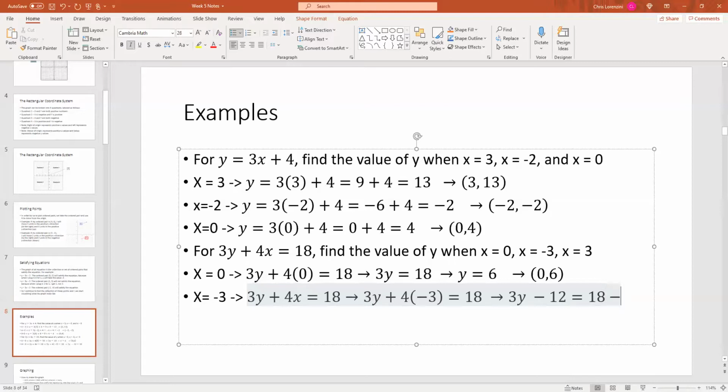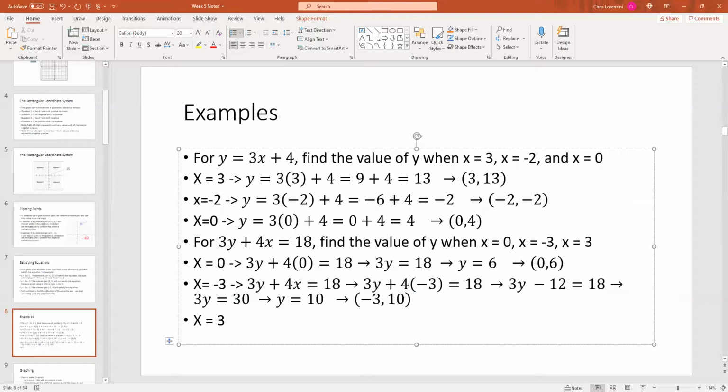Solving this one for y, I'm going to add 12 to both sides. 3y is equal to 30, because 18 plus 12 equals 30. And then solving for y, I divide both sides by 3, and I see that y is equal to 10. So when x is -3, y is equal to 10. Last one, we're going to let x equal +3, and we're going to see what we end up getting right here.